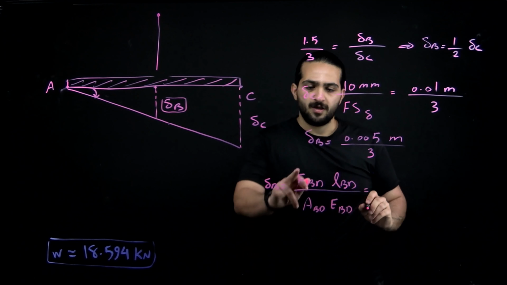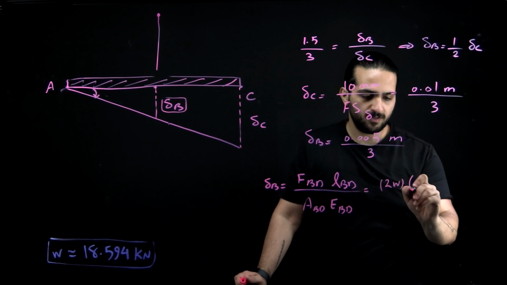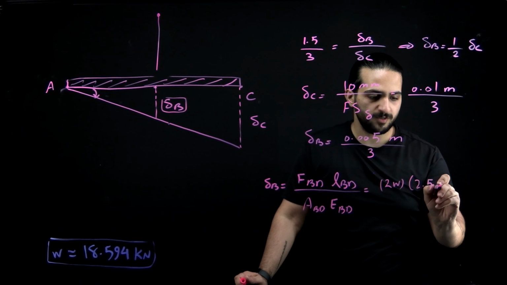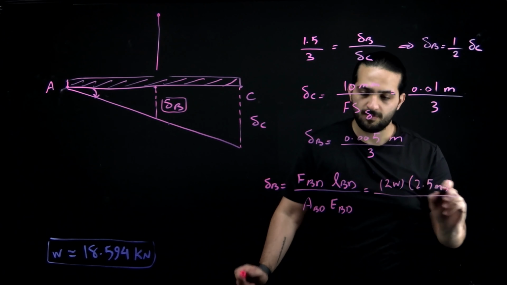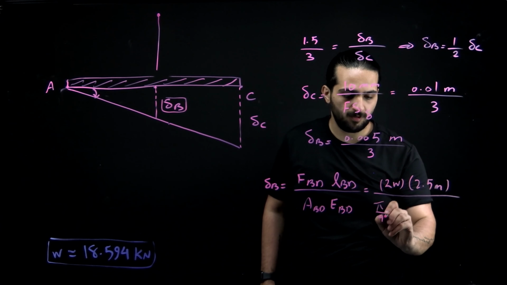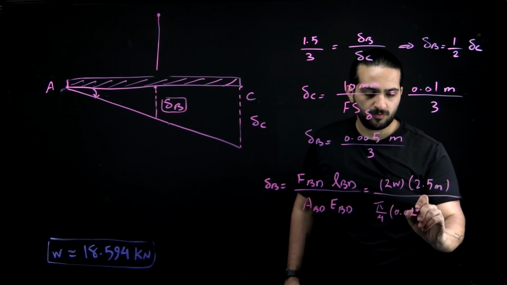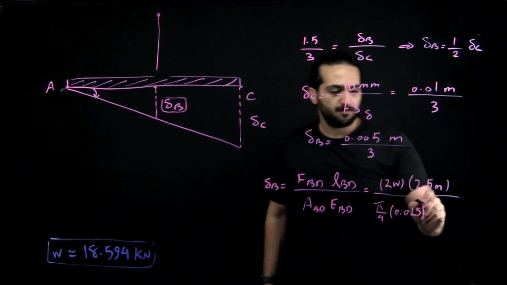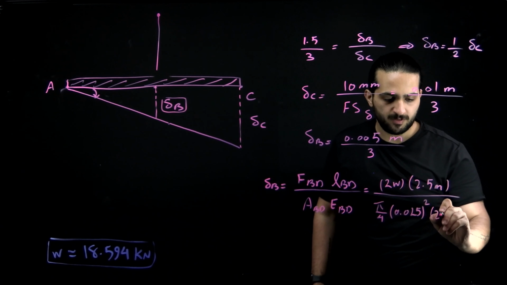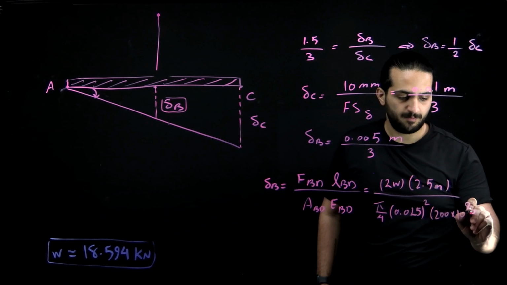So FBD is 2W. LBD is 2.5 meters. ABD is pi divided by 4, 0.025 in the power of 2, multiplied by 200 in the power of 9 Pascal.